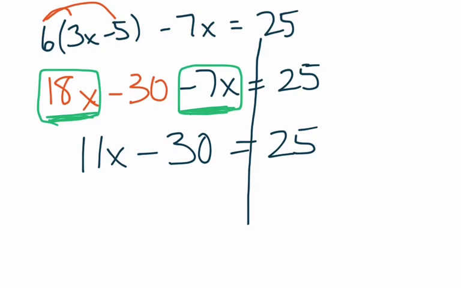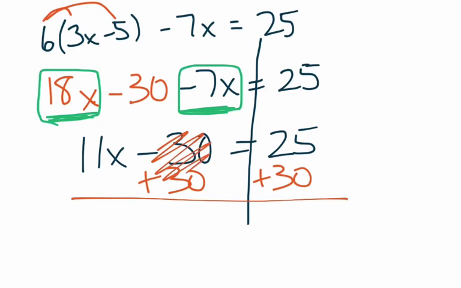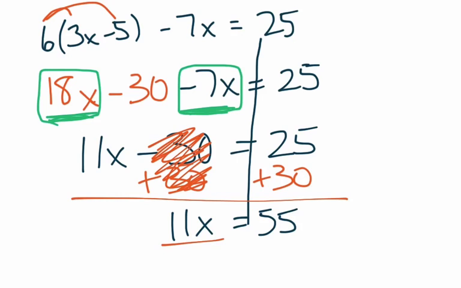And this is just a two-step equation, just like normal. We're going to add 30, add 30. This cancels out. We get 11x equals 55. And then we divide by 11. And we get that x equals 5.